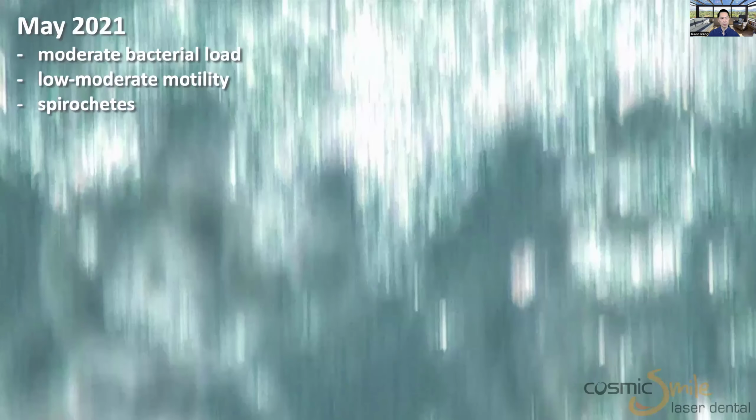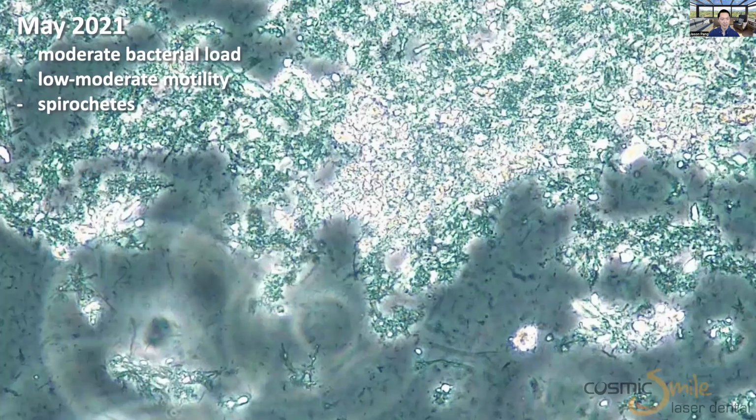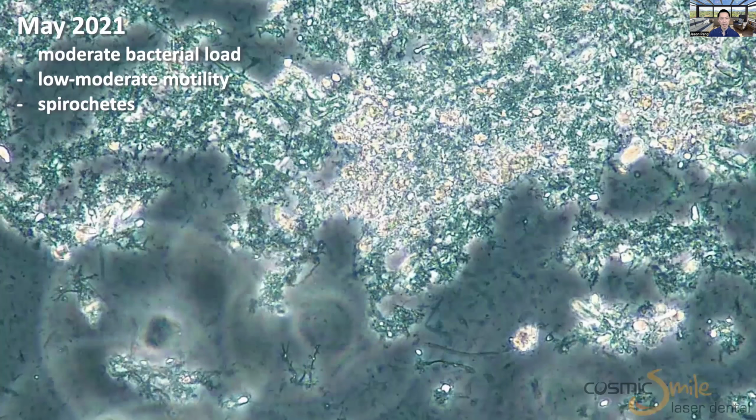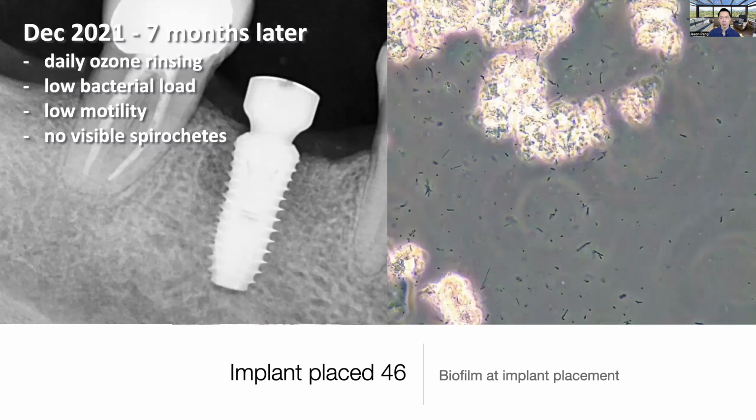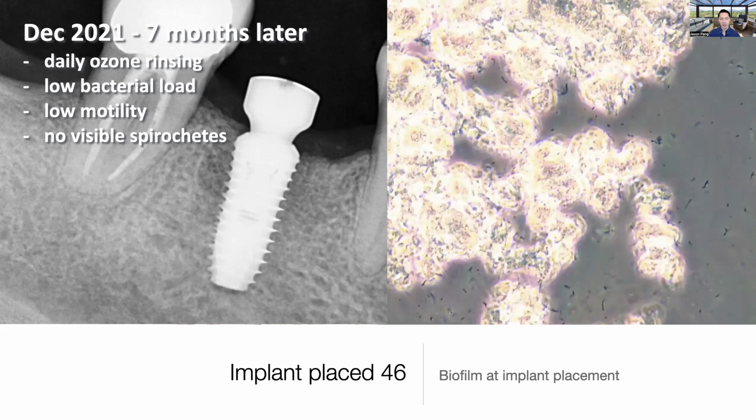And so we wanted to improve that before we placed an implant, to help prevent peri-implant problems. Once the implant was placed, we were able to have a look at the oral biofilm and see what kind of activity was there.